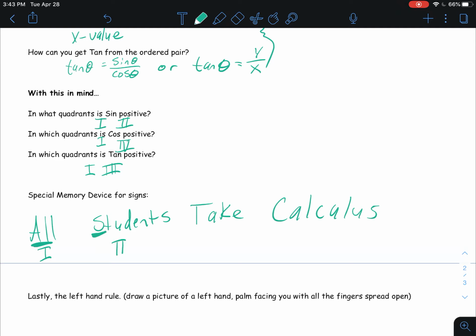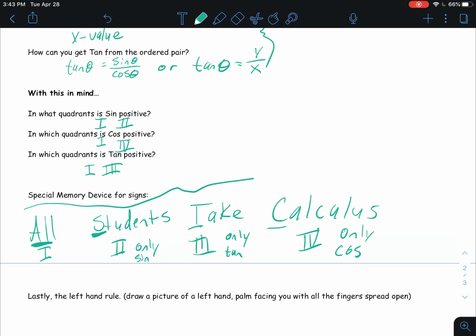The second quadrant, only sine is positive. In the third quadrant, only tangent is positive. And then in the last quadrant, or the fourth quadrant, only cosine is positive. So this is a special memory device to tell you what is positive.